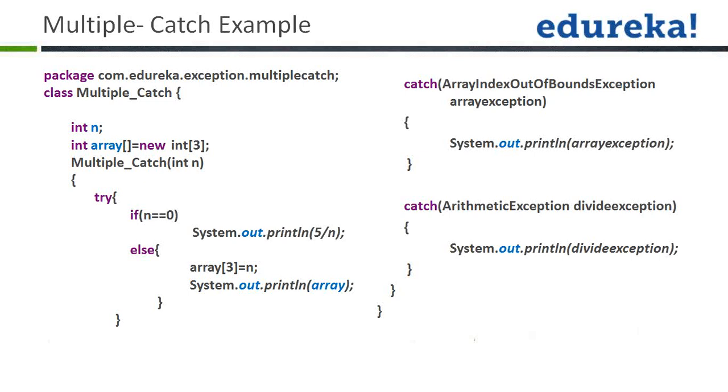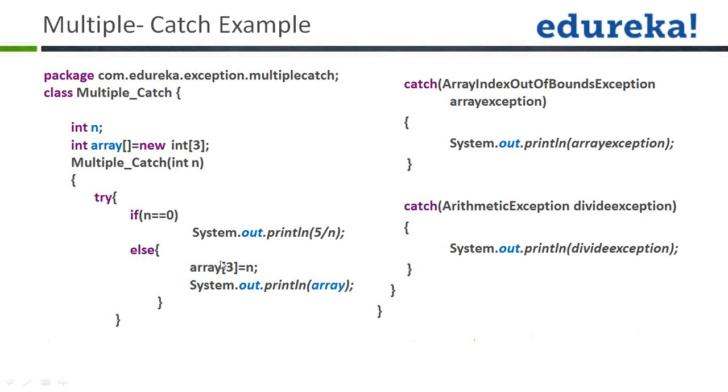Absolutely correct. Because our array is of size 3, and in Java the index starts from 0, it will go maximum up to 2. That means 0, 1 and 2. Yes, Sai, you are correct. Ahmed and Yogesh, you are also correct. Right? So this index does not exist. That is why it will give an error, that is array index out of bounds.